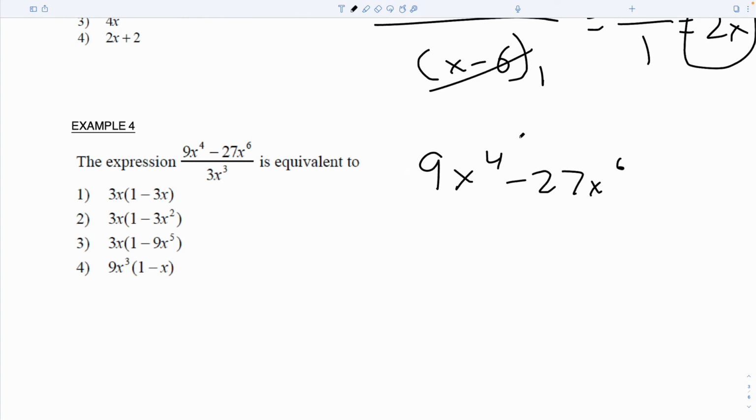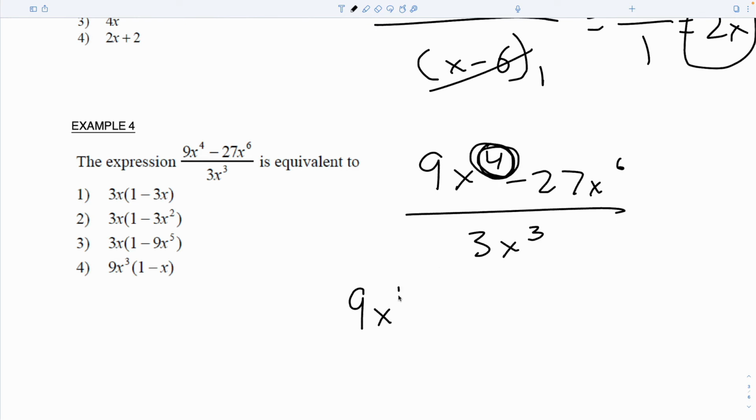I have 9x to the 4th minus 27x to the 6th. What can I factor out of the top, Andrew? 9x to the what? I'm going to pull out all 4 of these since that's the lowest number of the variable. So let's pull out 9x to the 4th.